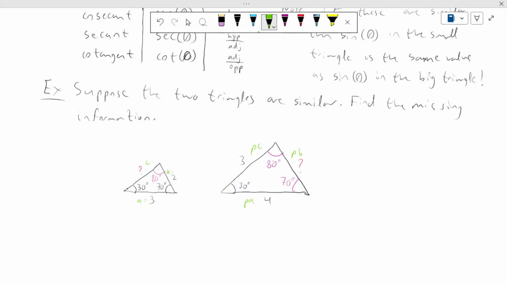Now, we have some information here. We know that A is equal to 3, and we know that P times A is equal to 4. I've got this from the one triangle, this from the other triangle.